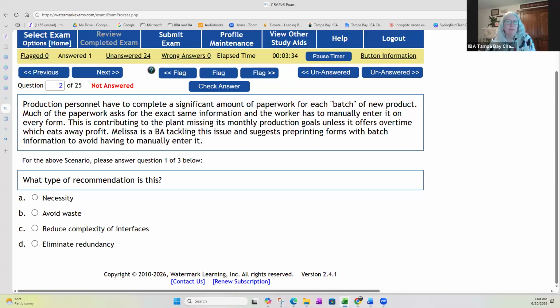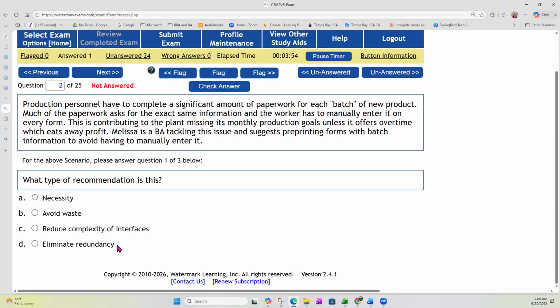Yes. Okay. So what type of recommendation is this? Is this necessity, avoid waste, reduce complexity of interfaces, or eliminate redundancy? I will go with eliminate redundancy.